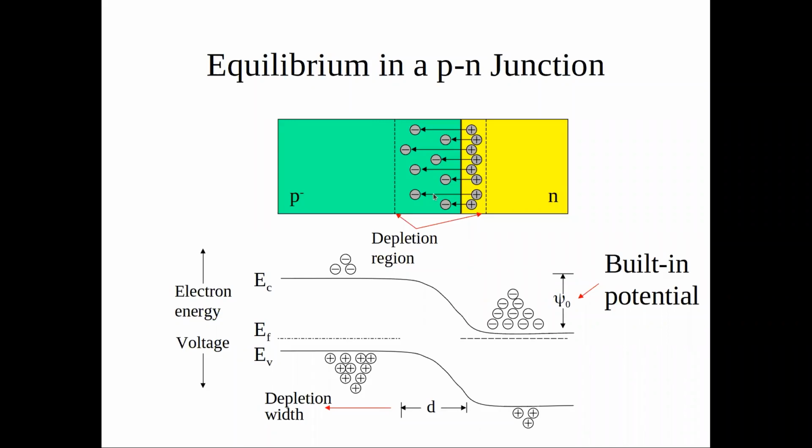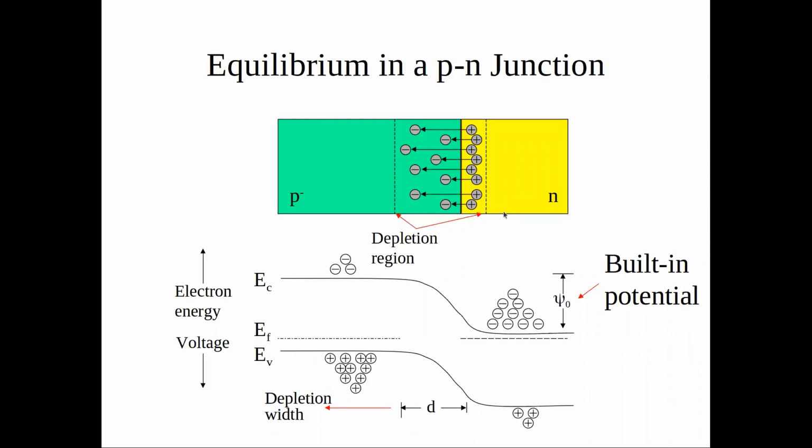all of the mobile plus charges in the P-type material, those are mobile. They can go away. The fixed plus charges in the N-type material cannot go away. So you have essentially the fixed plus charges in the N-type material pushing away the mobile plus charges in the P-type, and vice versa. The fixed negative charges in the P material push away the electrons in the N-type.